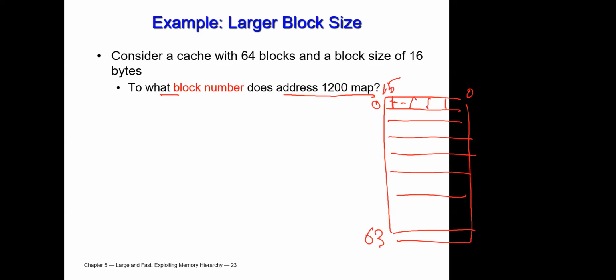And then my question is, to what block number does address 1200 map? In another sense, if you as a student have a number of 1200, which block or which floor or which apartment, or whatever you will call it, do you belong to?